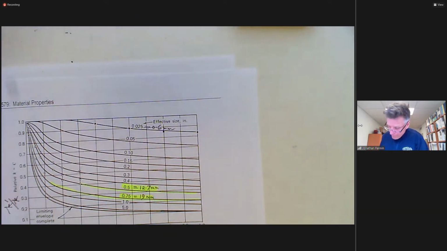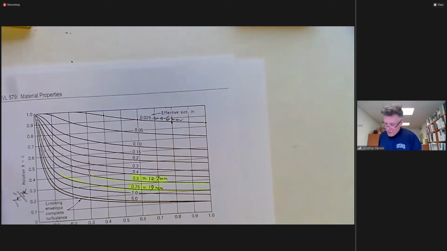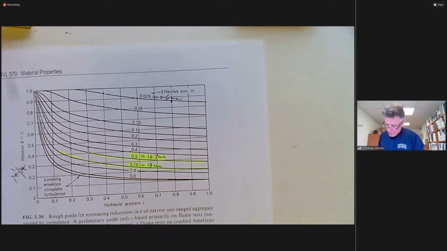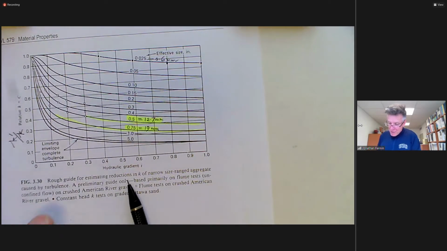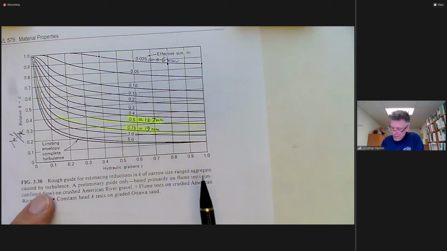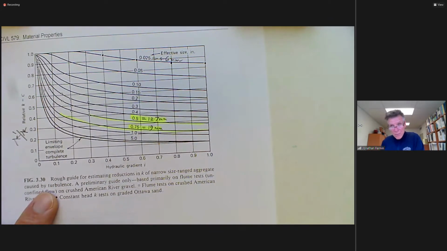Okay. Because if we look at the way in which these data have been generated for soils, rough guide for estimating reductions in the hydraulic conductivity of narrow-sized, uniformly graded aggregates as a consequence of turbulence or semi-turbulent flow. It's preliminary guide only.